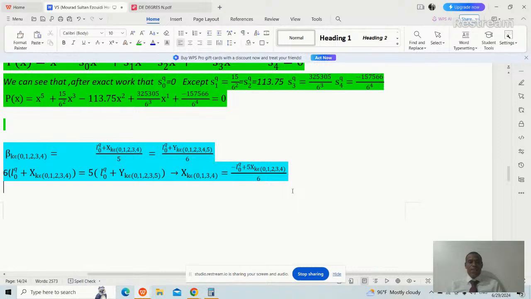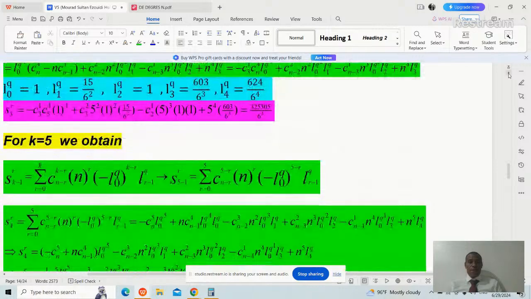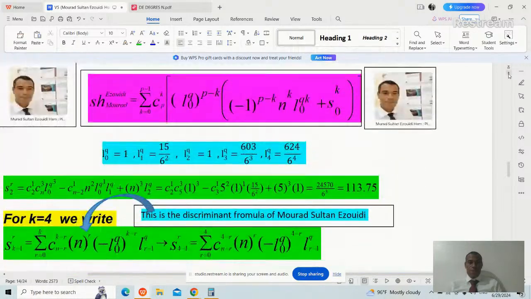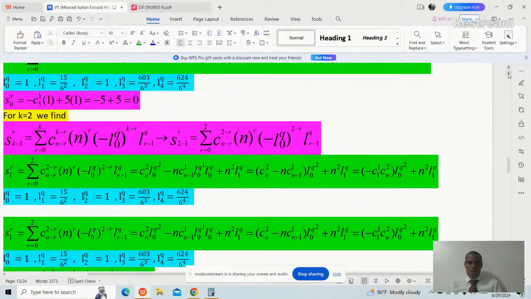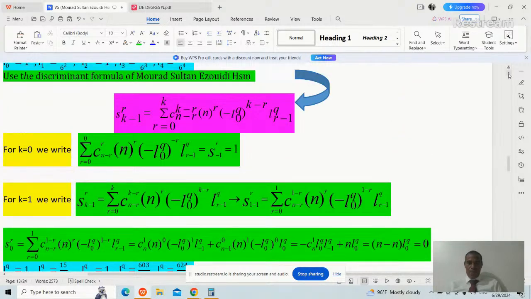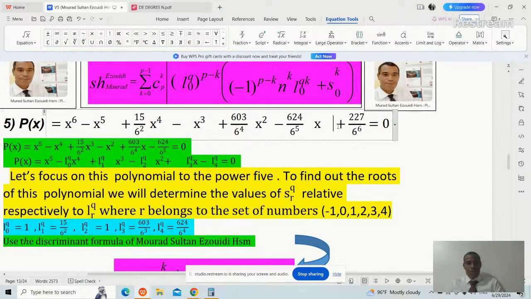At this moment, we should write the following. Comes back, Mr. Murad, to the original polynomial. Therefore, polynomial to the power 6 means that this one is 0 plus this one has to be equal to 0, plus 0 or minus 0 whatsoever. So this is, in fact, a polynomial to the power 6.